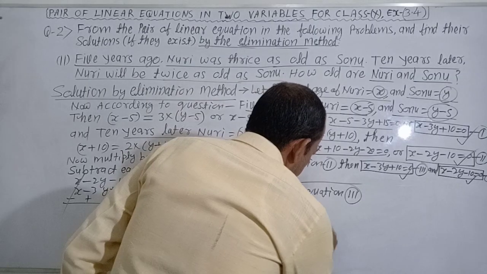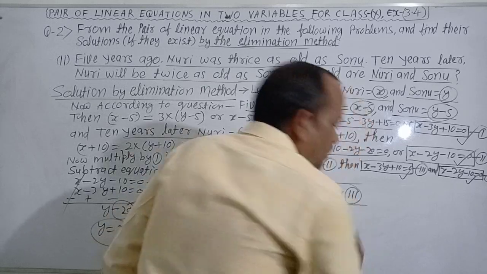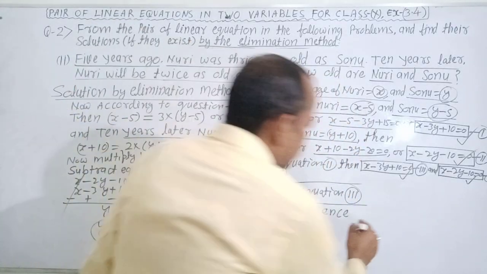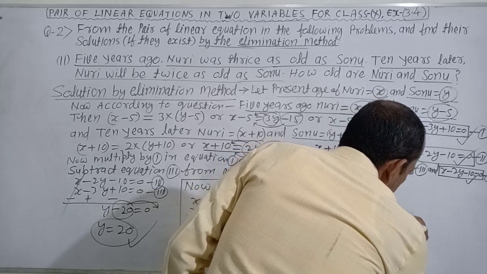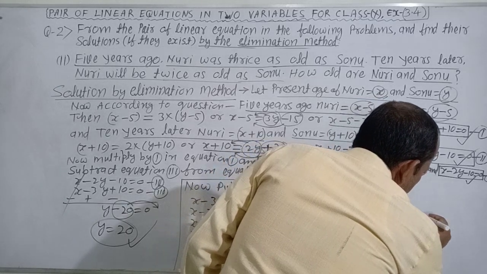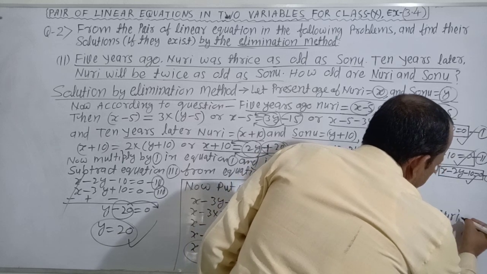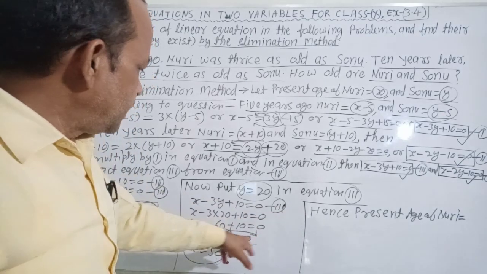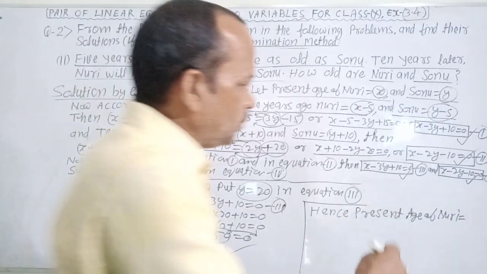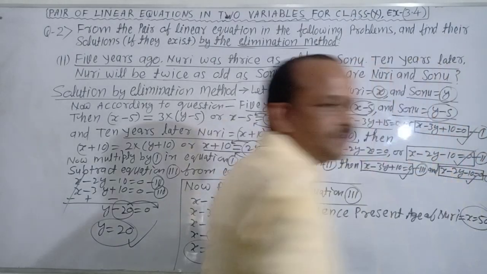Hence, present age of Nuri equal to x equal to 50.